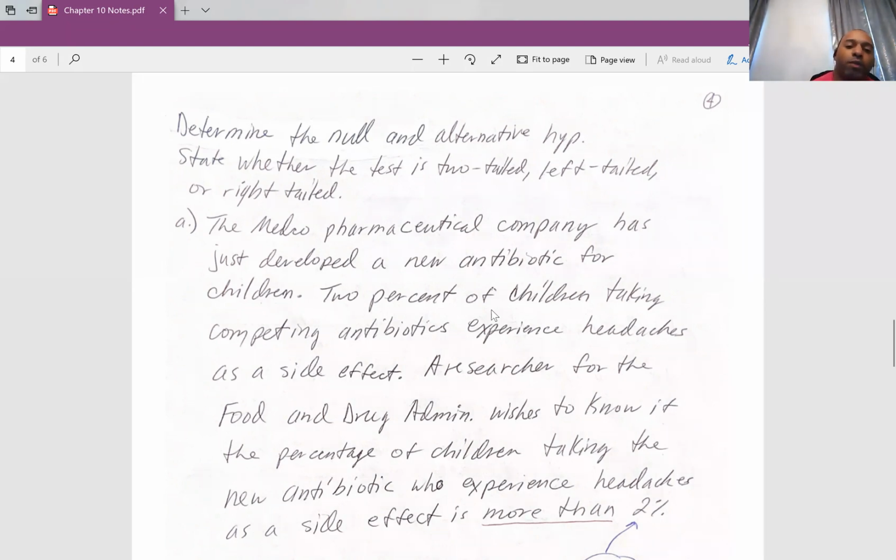A researcher for the Food and Drug Administration wishes to know if the percentage of children taking the new antibiotic who experience headaches as a side effect is more than 2%. So I'll give you guys a chance to write it down.